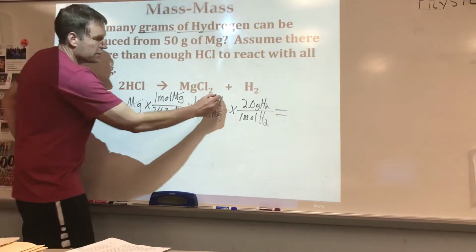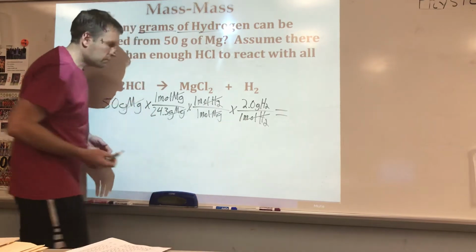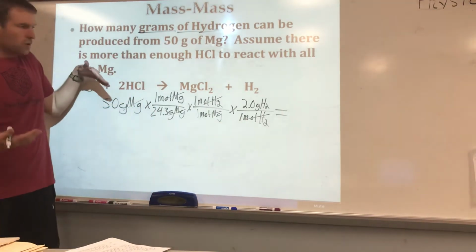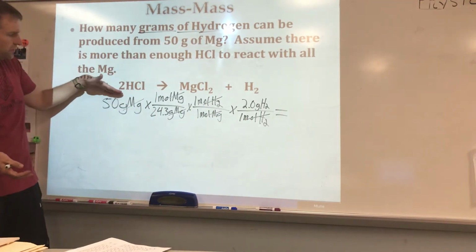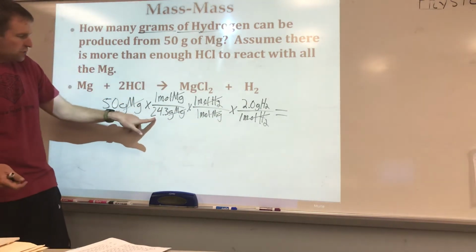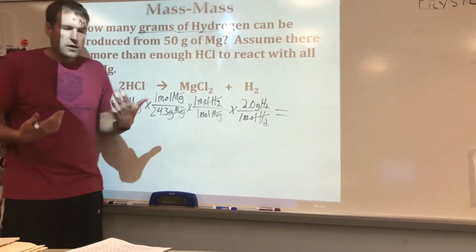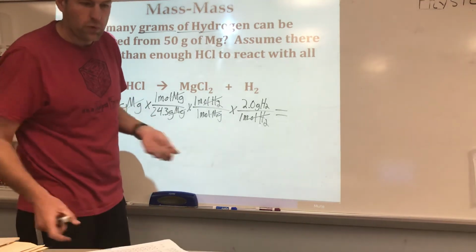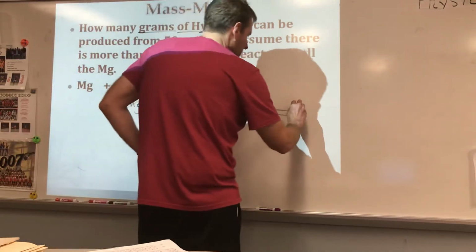My moles of hydrogen cancel, and it becomes a multiplication problem again: 50 times 1 times 1 times 2, divided by what's on the denominator, 24.3. You get 4.12 grams of hydrogen.